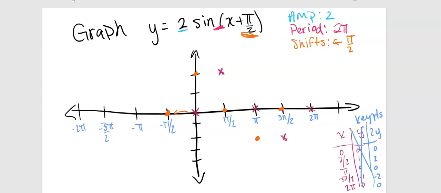So all of that is a shift over 1 whole tick mark from where we originally were. Then if I connect all my orange dots, I now have my actual function that's stated there: y equals 2 sine of x plus pi halves.